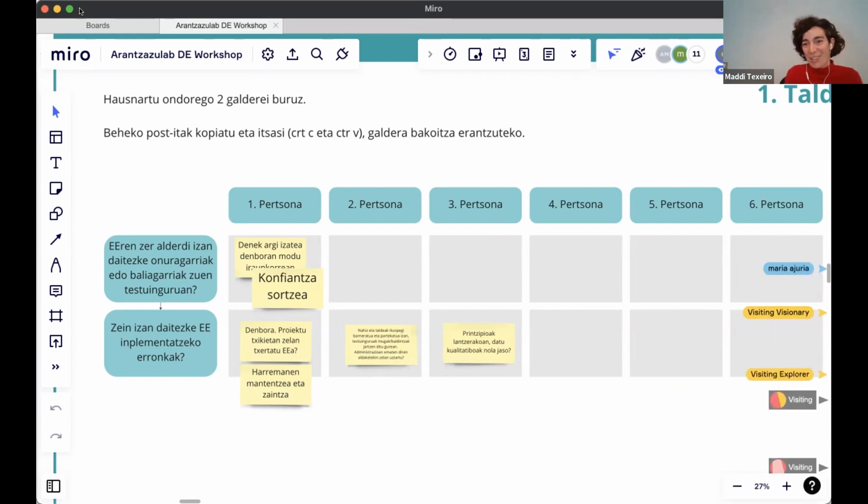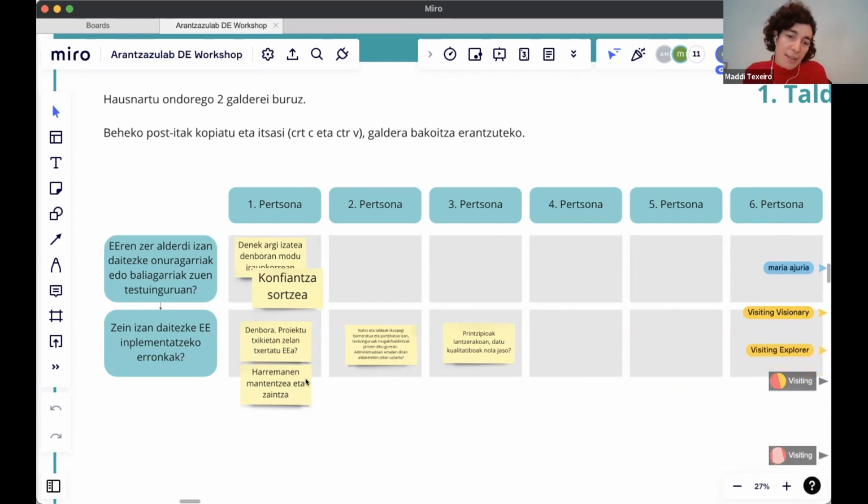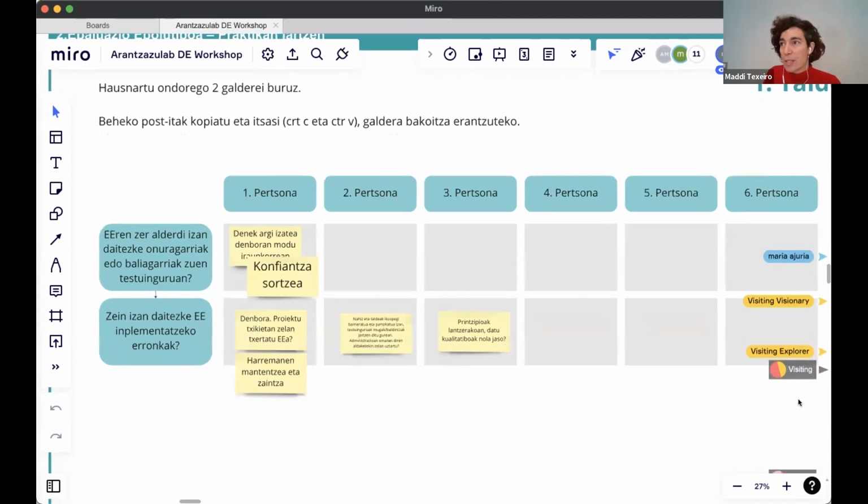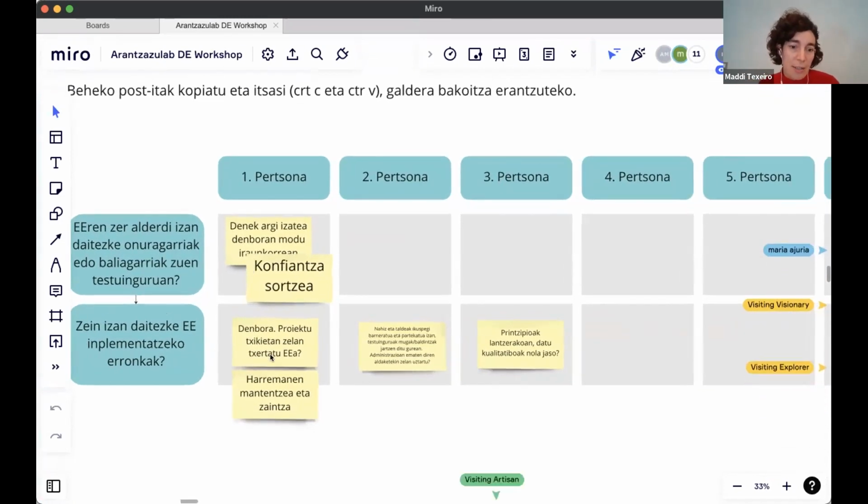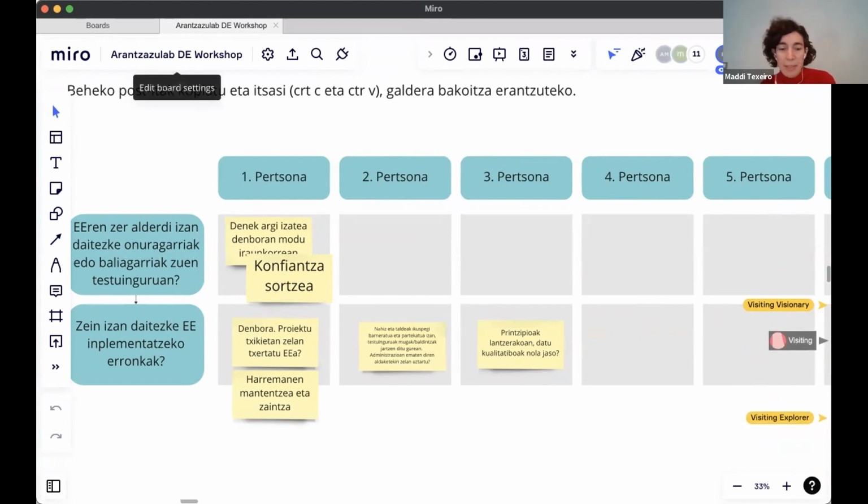Okay, so we could see 2 clusters of challenges. The first one is related to the point of view that actors can share, that is also related with generating trust. That was one of the most interesting aspects for us.